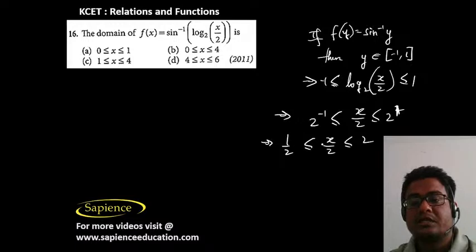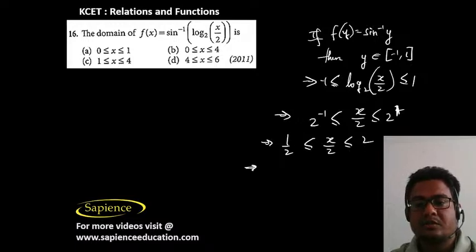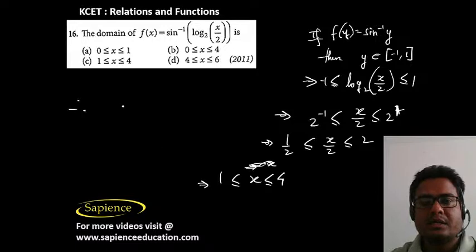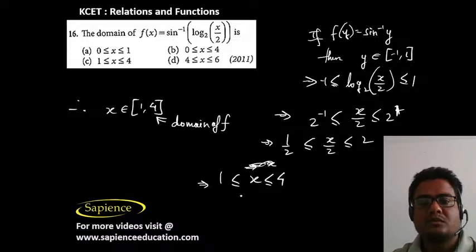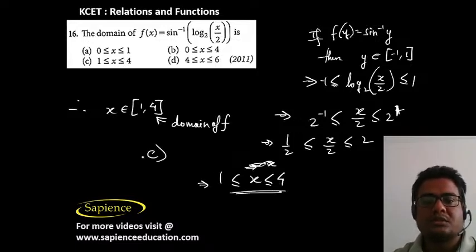Then if we multiply by 2 on both sides, 1 is less than or equal to x, which is less than or equal to 4. So therefore x belongs to 1 to 4. This is the required domain. Option C is the correct one.